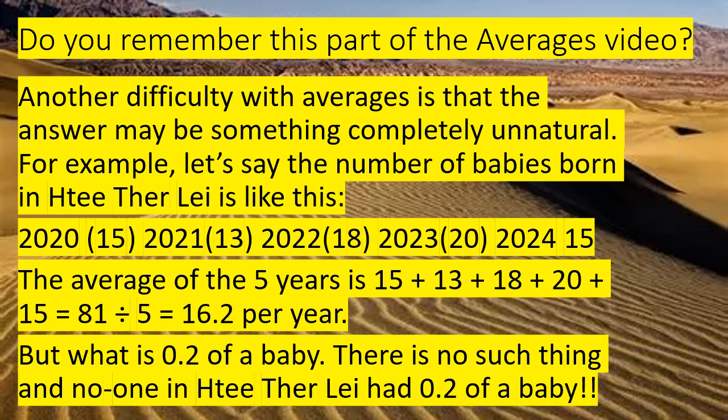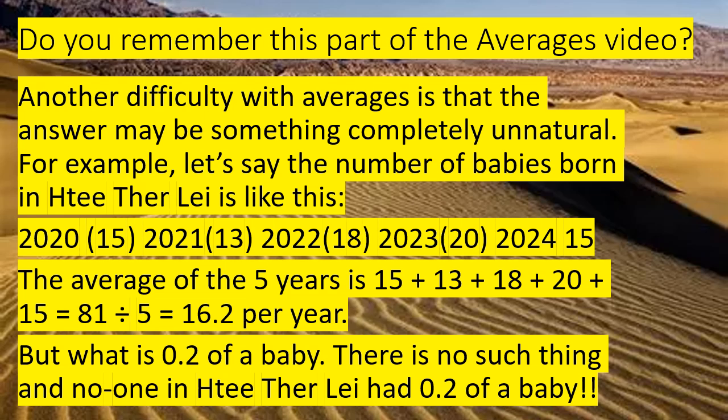Do you remember this part of the averages video? It said, another difficulty with averages is that the answer may be something completely unnatural. For example, let's say the number of babies born in Titale is like this. 2020, 15 babies, 2021, 13, 2022, 18, 2023, 20, 2024, 15.